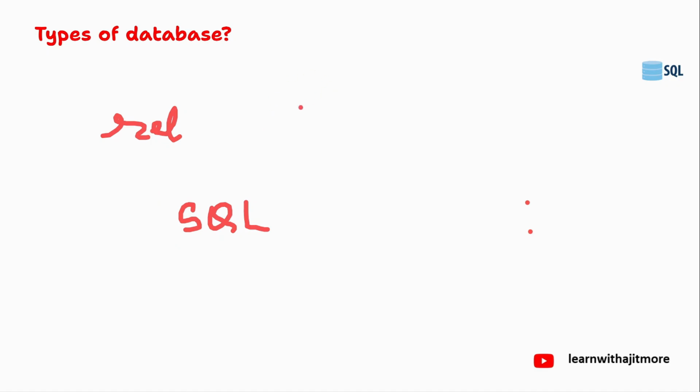Let it be Postgres or Oracle or SQL Server or MySQL, let it be any database management system, they have one standard language called SQL, and using SQL only, you can interact with it. Here, they have not made any standard language.